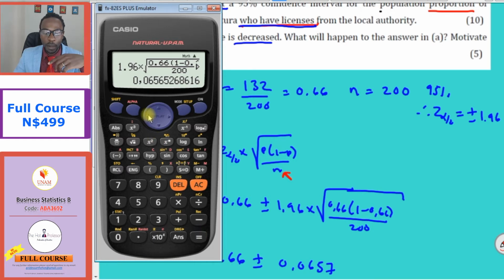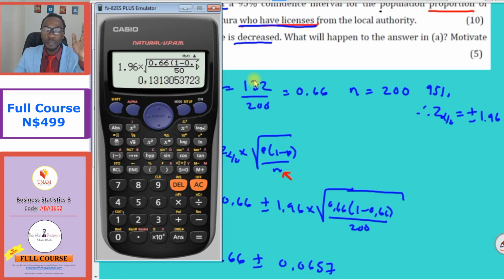Now let's change our sample size like they say. Let's decrease it maybe to 50. All right. So if we have 50 here, as you can see, our interval increased from 0.06, it's now 0.13, which means it's now bigger, right?